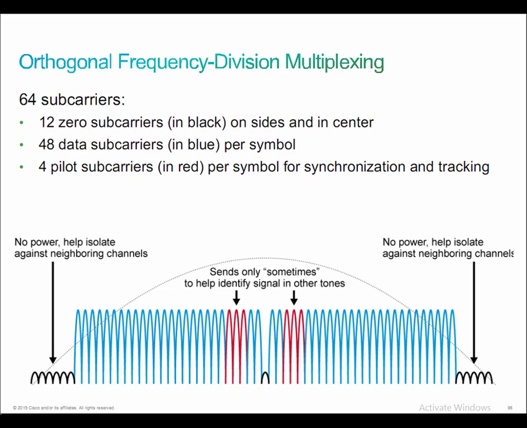It is a method of encoding digital data over multiple carrier frequencies. It's the modulation technique of preference in wideband digital communications like digital television, audio broadcasting, wireless networks, of course. 4G mobile communication uses OFDM, lots of other applications for OFDM.